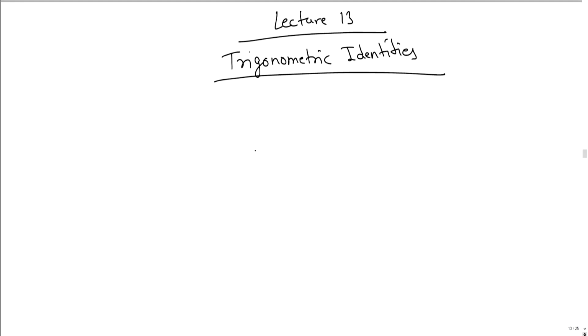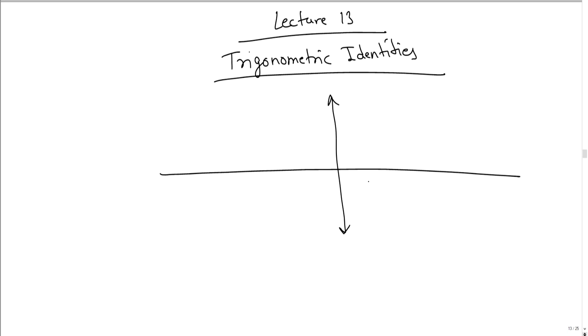Okay? So, just to recap, let me draw the graph of the sine and cosine function. So, this was the sine function. Let's say the x axis represents the angle theta, and the y axis represents the function sine theta. This is how the graph looks.